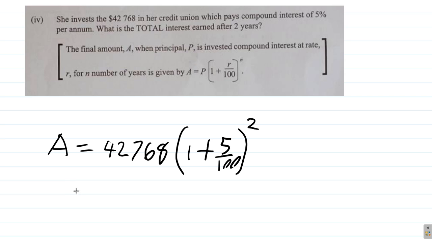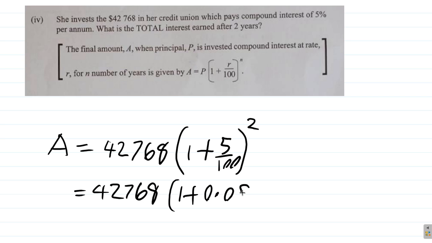So this is going to be 42,768 times, 5 over 100 is 0.05, so it's 1 plus 0.05. You would have moved the point 2 places to the left. Squared. So this is 42,768 times 1.05 squared, right?